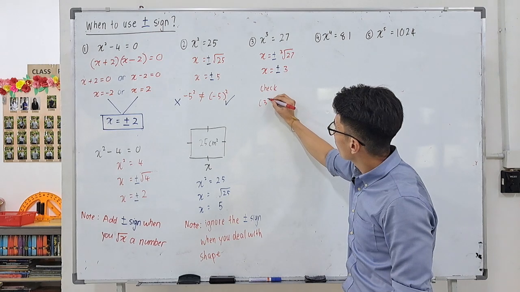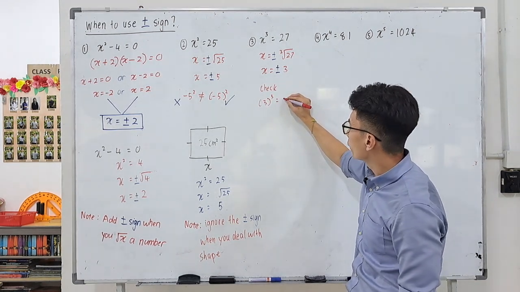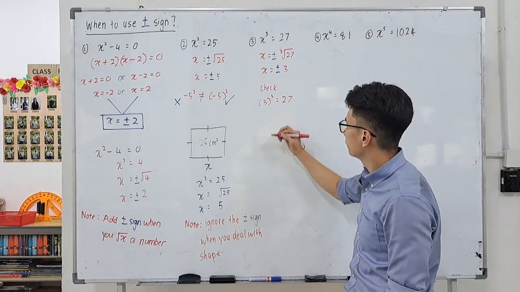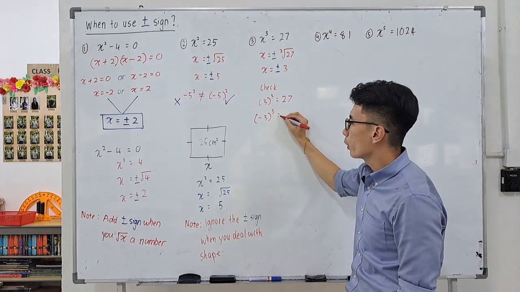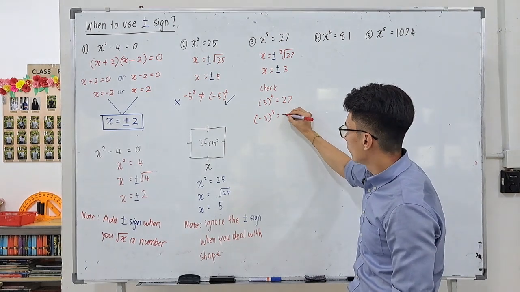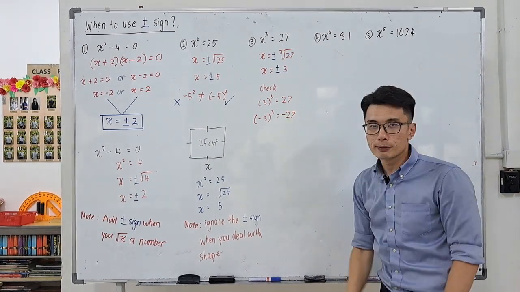Now let's check. So 3, if we cube it, the positive 3, if we cube it, true enough, I will get 27. But what about the negative part? Now, negative 3, when you cube it, when you compute this in your calculator, you should get negative 27. Alright? It's not 27.